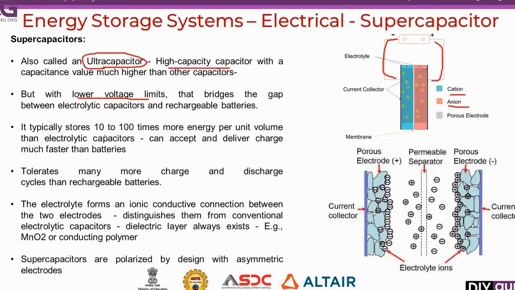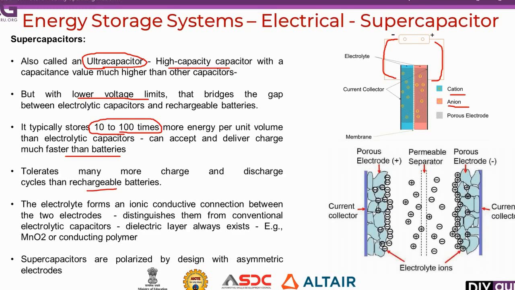Actually, a supercapacitor stores 10 to 100 times more energy when compared to the ordinary capacitors, and it can accept or deliver energy at a faster rate when compared to normal batteries. Also, the number of charging and discharge cycles is higher when compared to batteries.